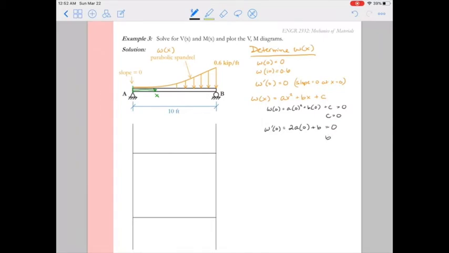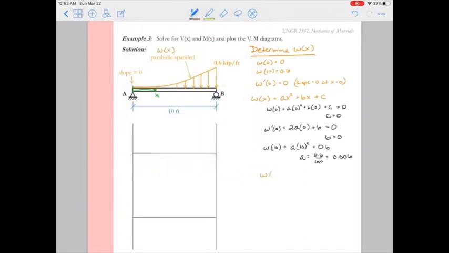C obviously goes away because it was 0. And this shows now that my constant b is 0. And lastly, omega of 10 equals, and I plug that in, a times 10 squared. Now remember, b and c are 0, so they go away. So this is just equal to 0.6. I solve for a: 0.6 divided by 100, or 0.006.